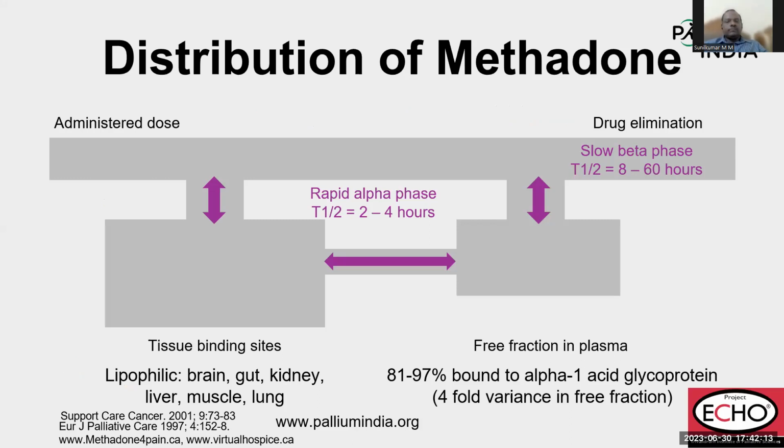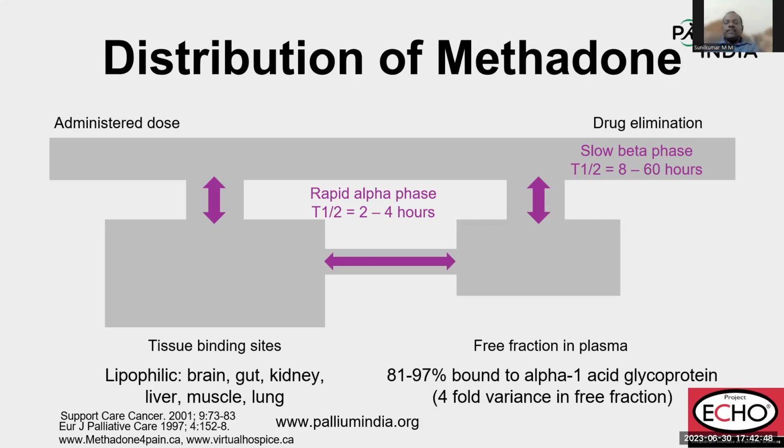When you take methadone for the first time, for the first 2 to 4 hours methadone will be available in the plasma. But immediately after 2 to 4 hours, the methadone will disappear into tissue binding sites. These tissue binding sites are mainly in the brain, GIT, kidney, liver, muscles, and lungs. So all the methadone you have given will go into the tissue binding sites.